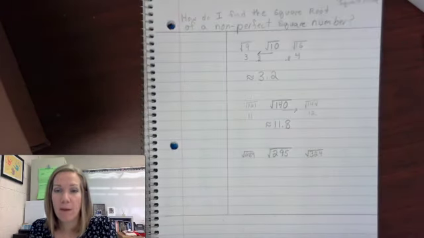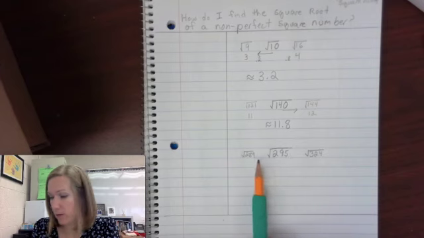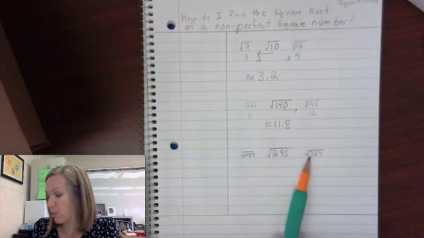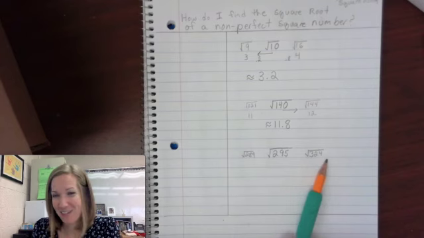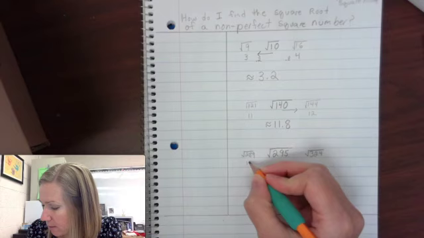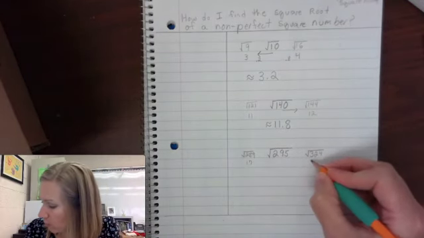Welcome back. Hopefully you realized that the square root of 295 is between the square roots of the perfect squares 289 and 324. So the square root of 289 is 17, and the square root of 324 is 18.